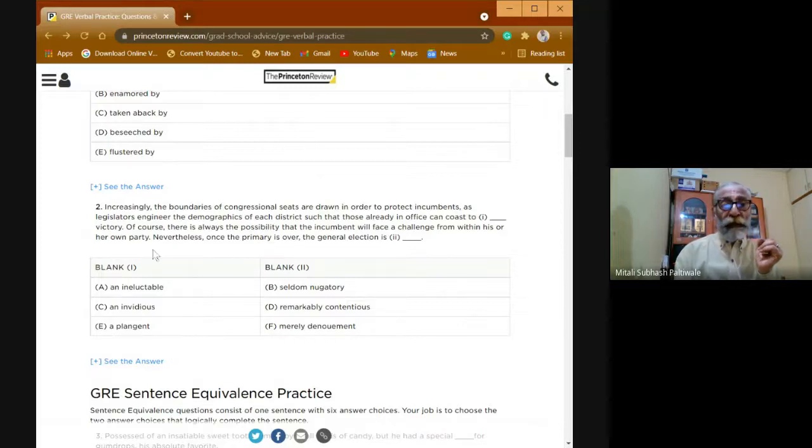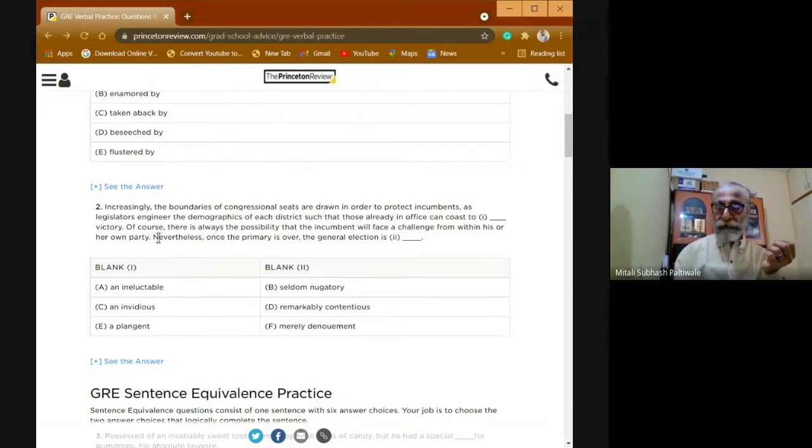Now, let us see the next sentence and find out the right answer for the second blank. Of course, there is always the possibility that the incumbent will face a challenge from within his or her own party.